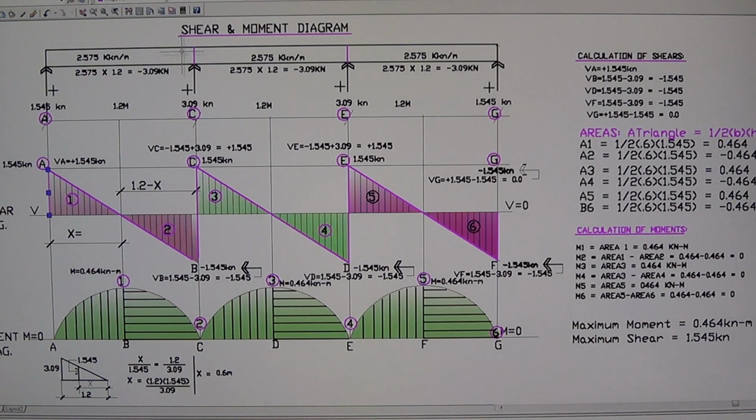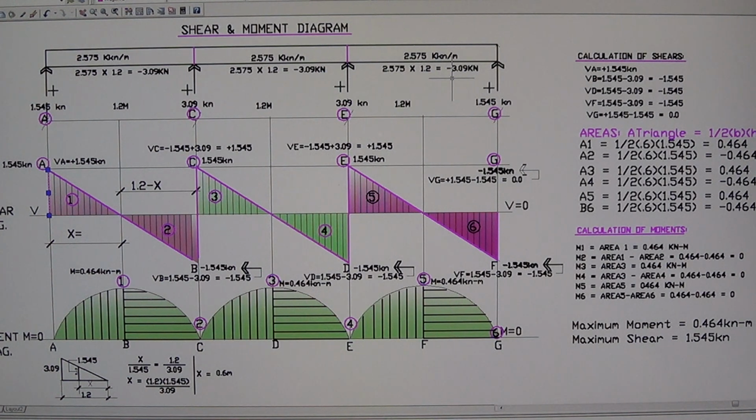The next load is this uniformly distributed load, and you calculate it as 2.575 times the span. You have to stop at every load. This is the load that we are going to solve now, and stop it right there. So we only need this to calculate B. The load is minus 0.09 kilonewton, and all of these loads are the same.